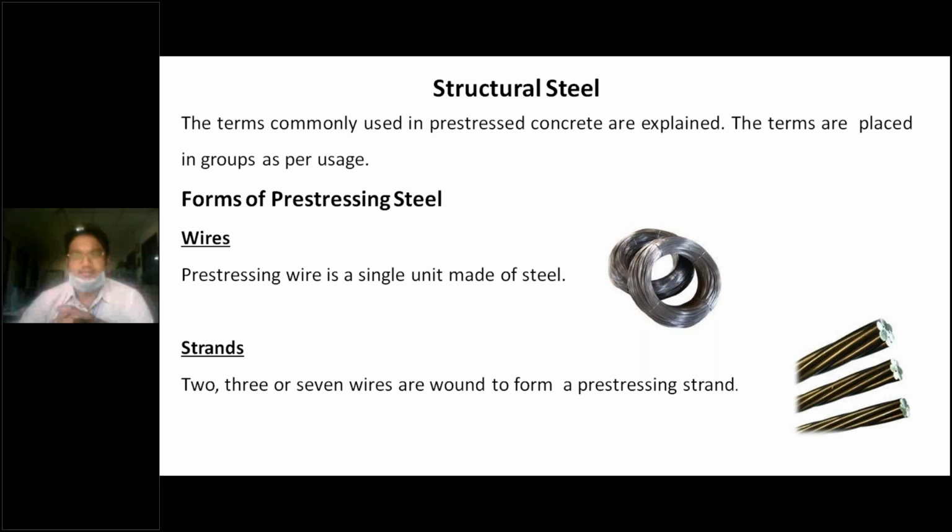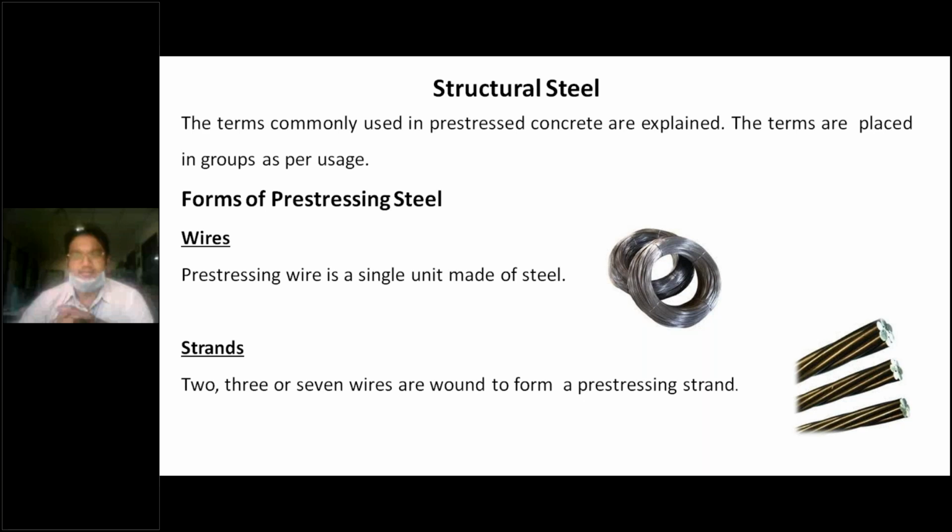Earlier, instead of a strand, they used to use wires for prestressing, in the form of a single unit made of steel. So there are steel wires available. Now we are having strands. A strand means 2, 3, or 7 wires are wound together to form a prestressing strand.